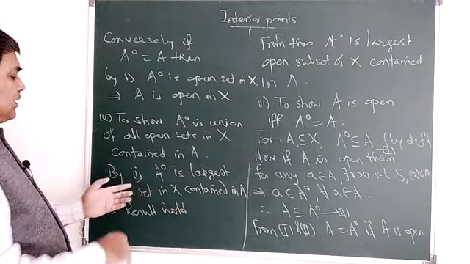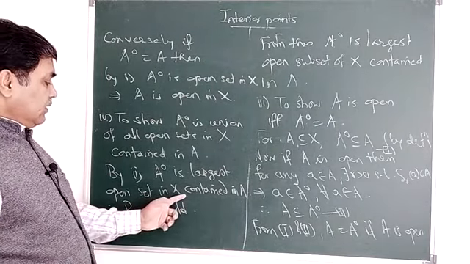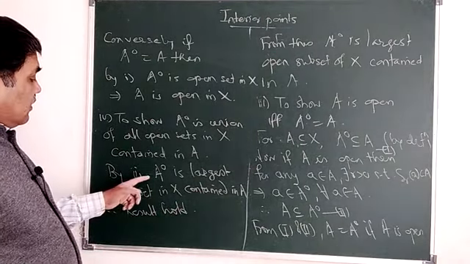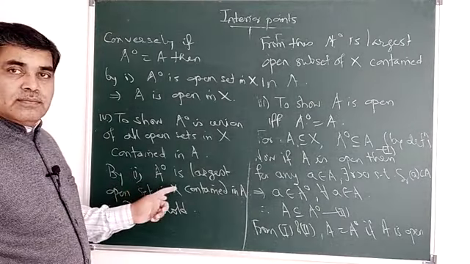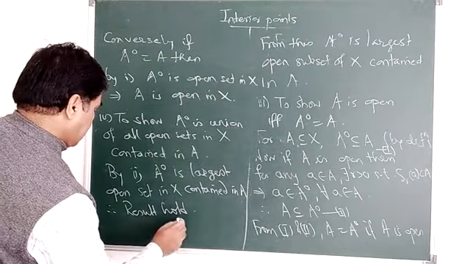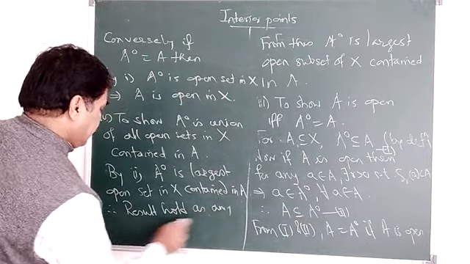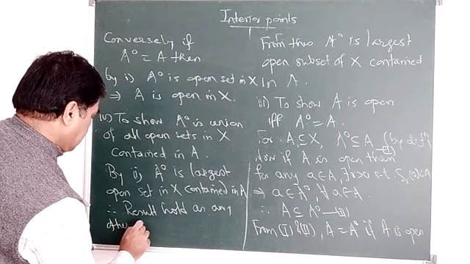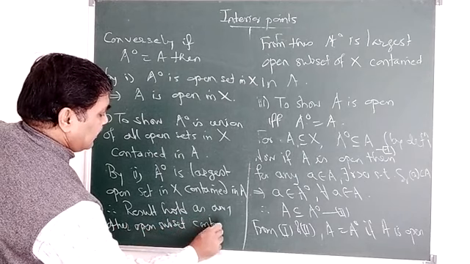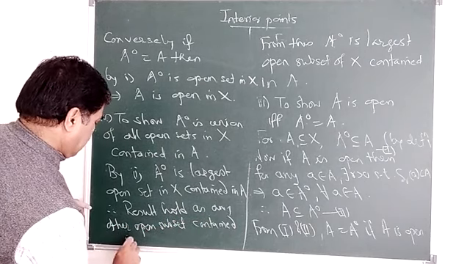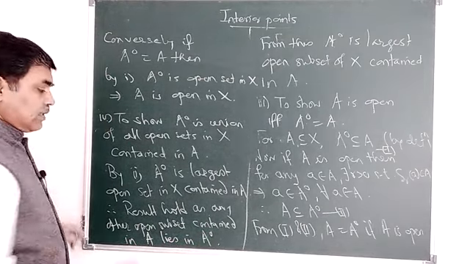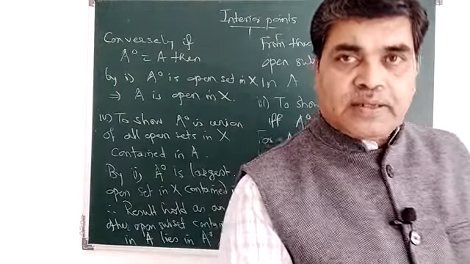If I take any other open set contained in A, then it must be a subset of A interior, because any other open set contained in A lies in A interior. And therefore the result holds.